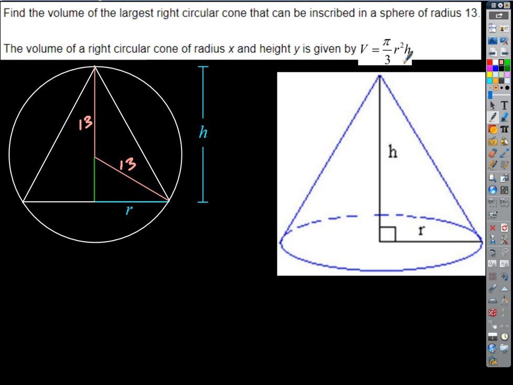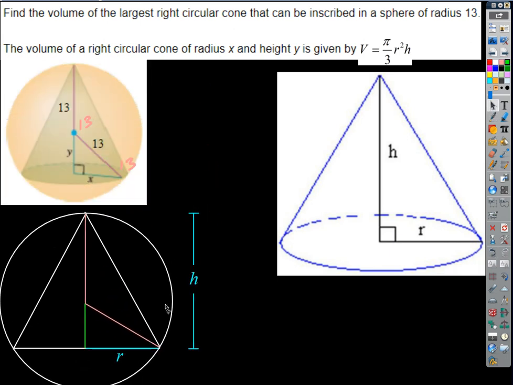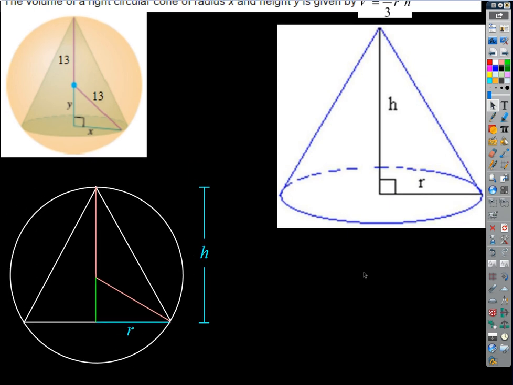So now, we know what's going to happen. I'm going to lose my 13s when I move this thing. So let me redraw that. This is kind of an important step though, right here.